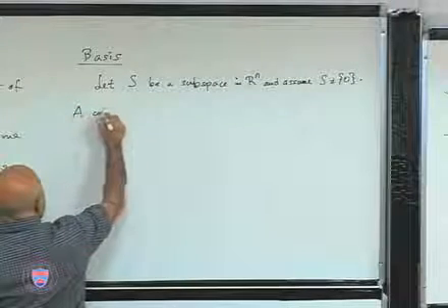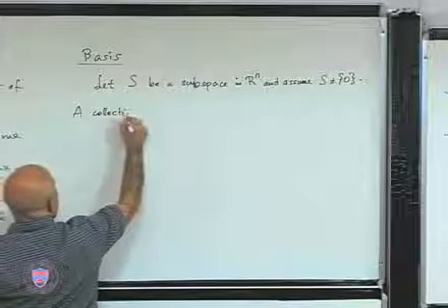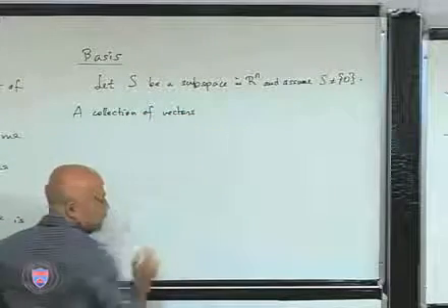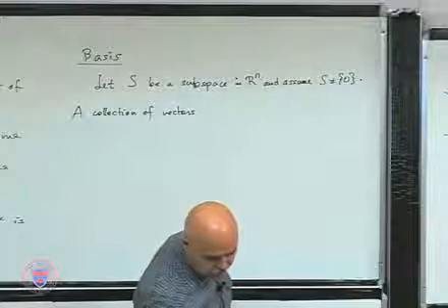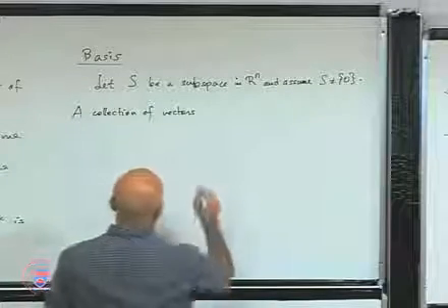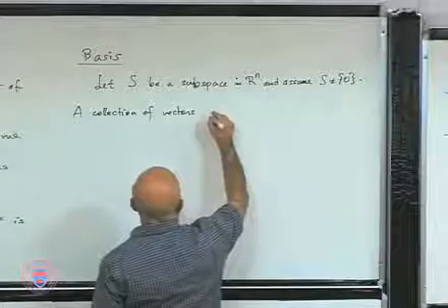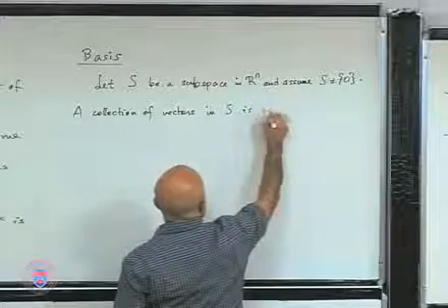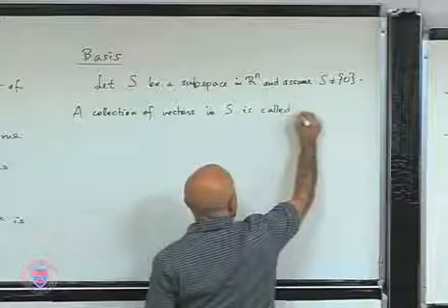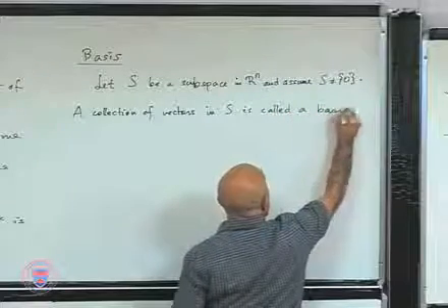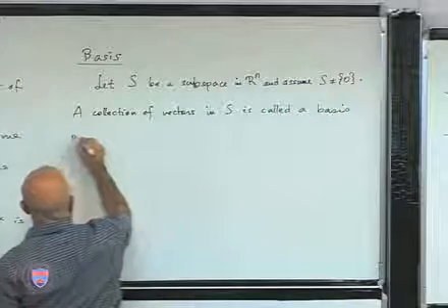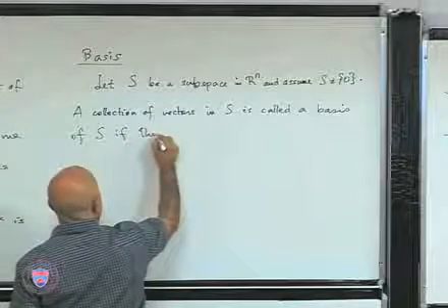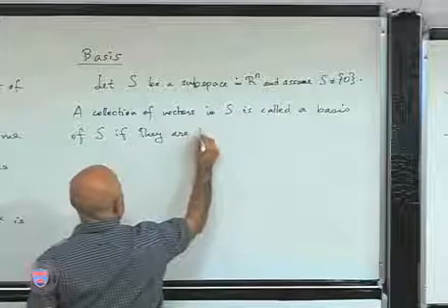A collection of vectors in S is called a basis of S if they are linearly independent.